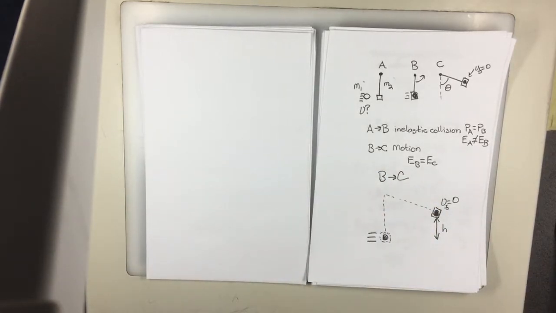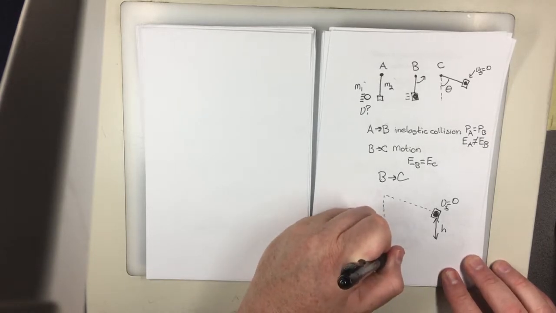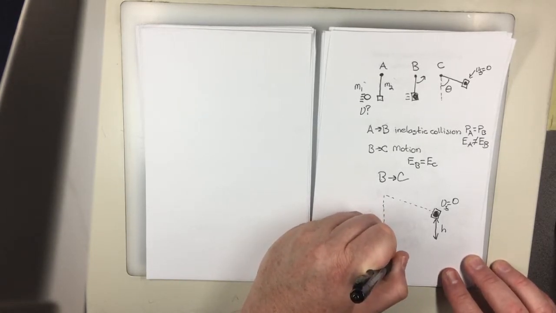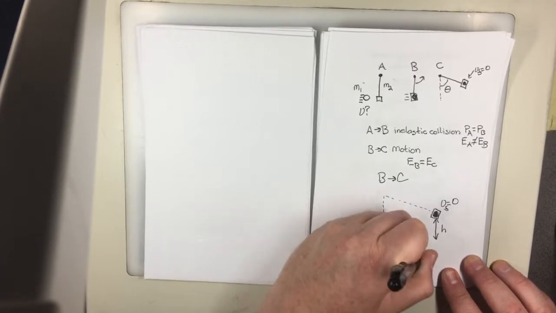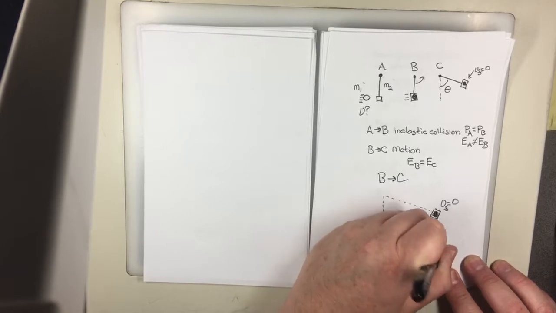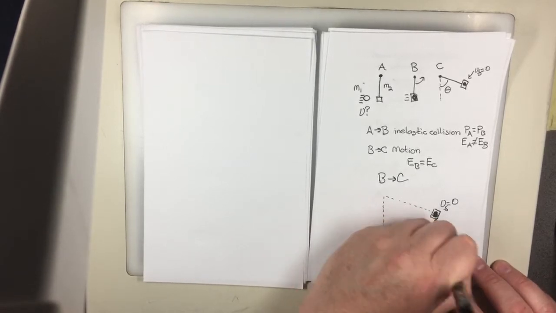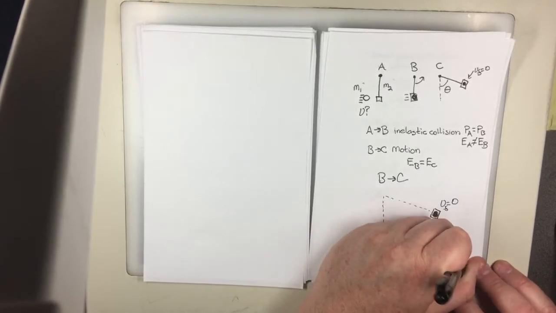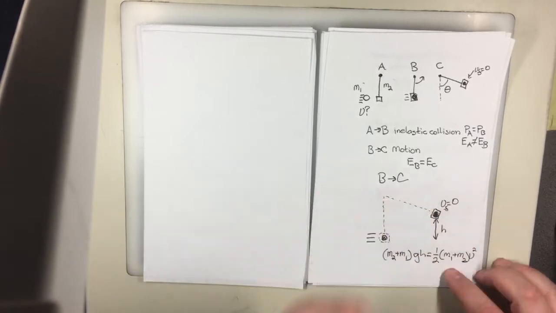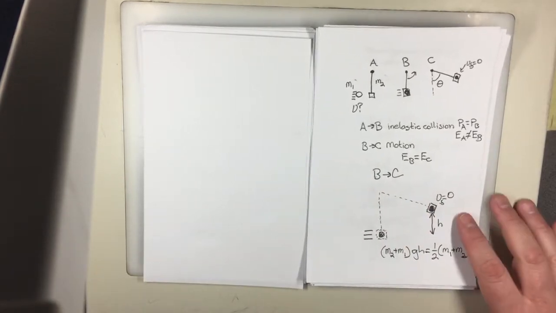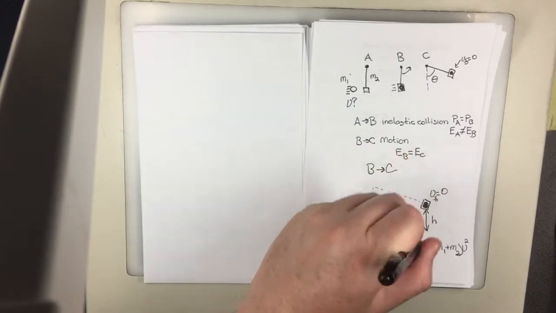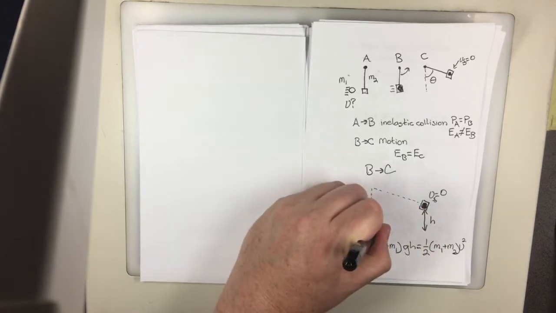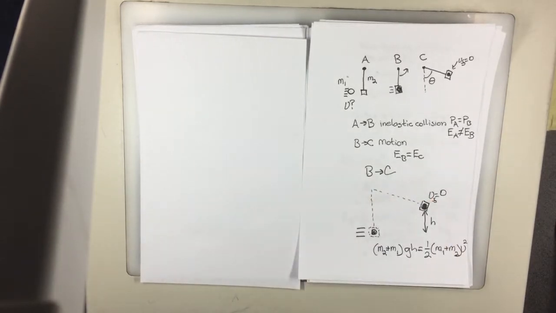Because if I have that height h, I know that the mass of the arm plus the mass of the ball, times g h, is equal to 1/2 the mass of the ball plus the mass of the arm, times v squared. This is that state. This is that state. We're effectively just running backwards.